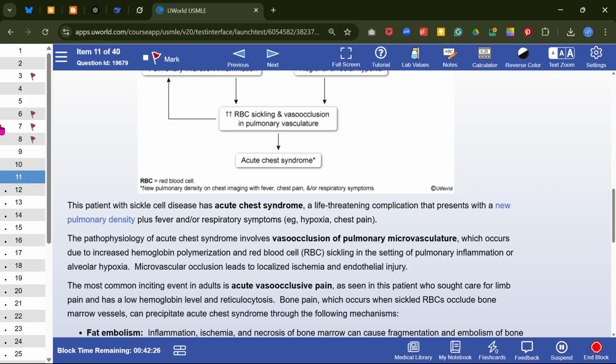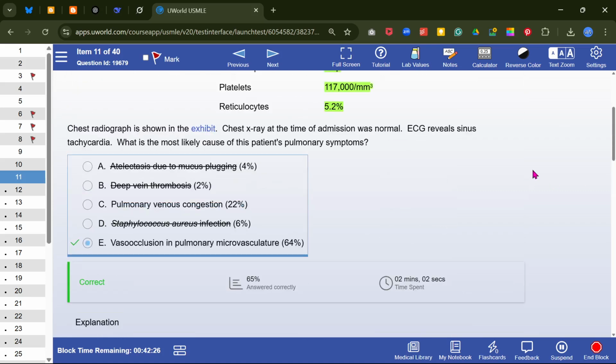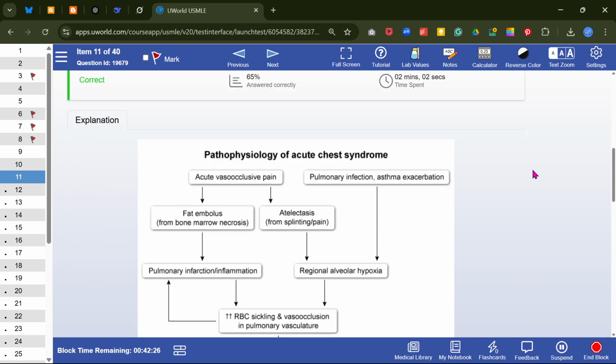He has sickle cell disease. Sickle cell disease with a chest problem, there is something called acute chest syndrome. There is a saying.